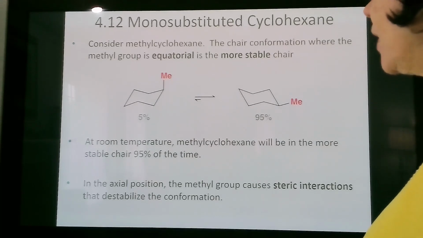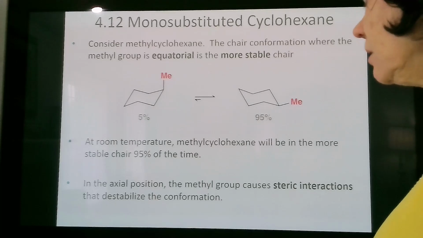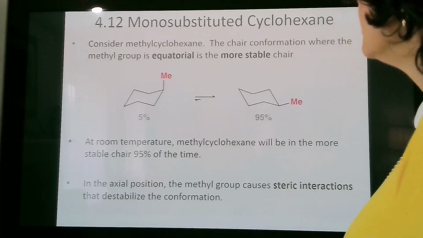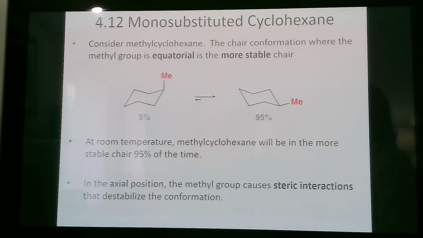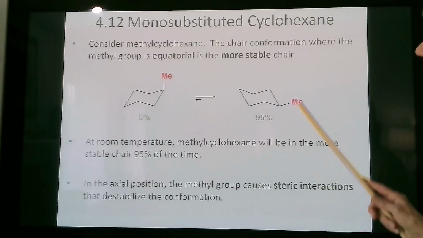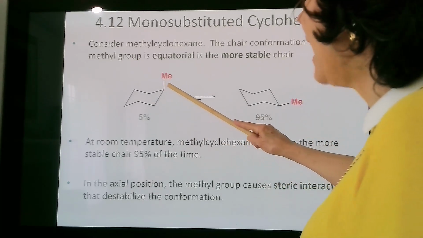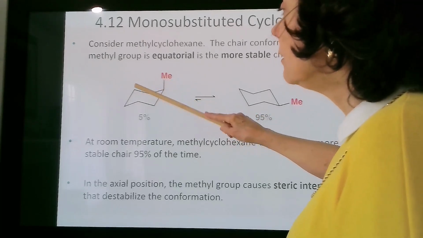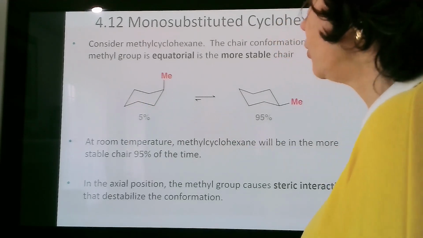Monosubstituted cyclohexane. So this is where you start learning that substituents, and here I'm not talking about CH bonds, so substituents, something other than a CH bond, are going to be more stable in the equatorial position. If it's in the axial position, there will be interaction with this CH bond that's in the axial position and this CH bond that's in the axial position.